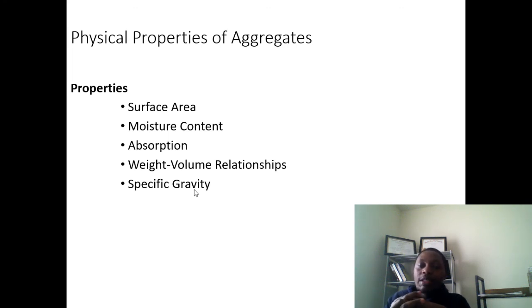The weight volume relationships go together with the specific gravity, which is related to density, okay? So density is mass divided by volume. If you have an aggregate with a constant weight and you vary your volume, then if you reduce the volume, your density increases.